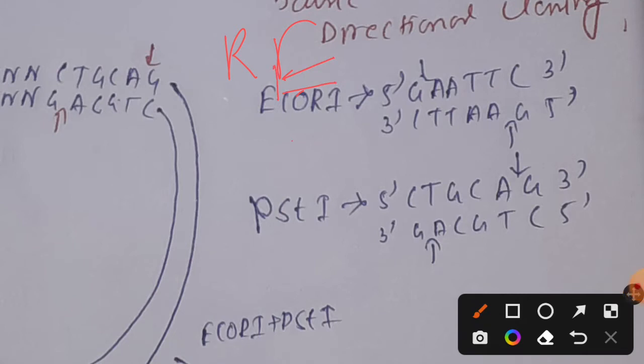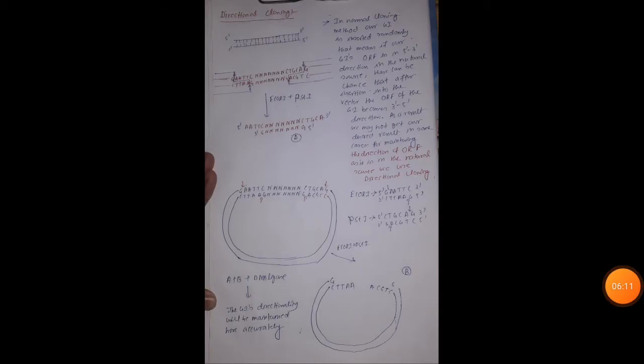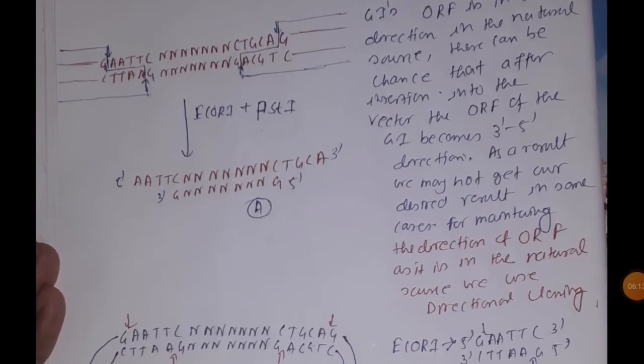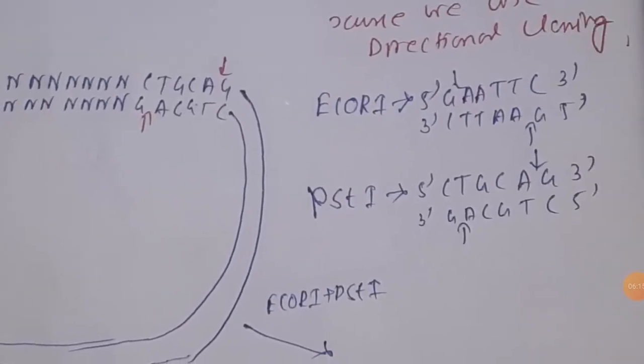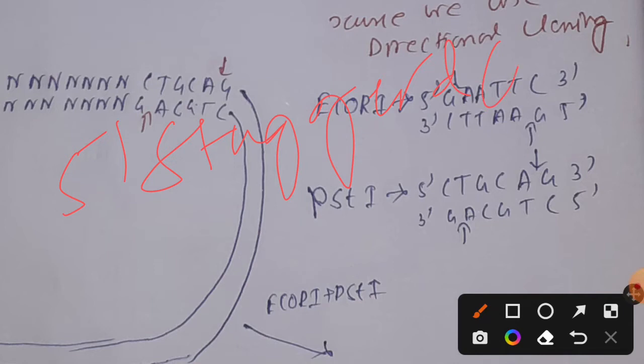Restriction endonuclease can generate two types of cut: one is a blunt cut, another is a staggered cut. And a staggered cut can be of two types. One kind of staggered cut generates a 5' staggered end, and another kind generates a 3' staggered end.